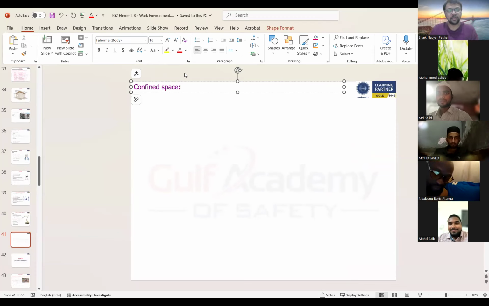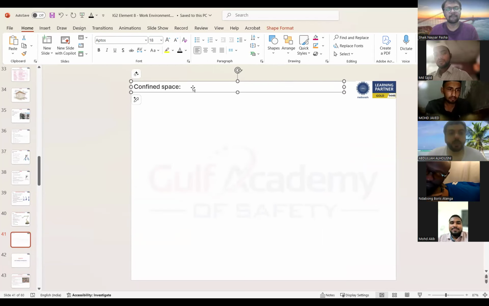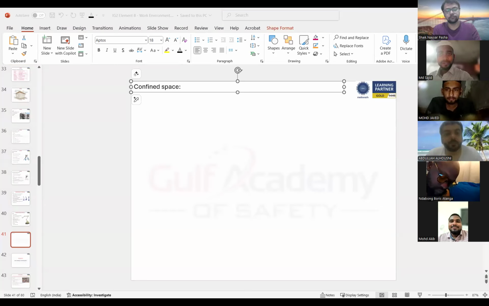Yes, what do you mean by a confined space? Anybody? Space or room that is closed without an opening. Congested place without proper entrance or egress.